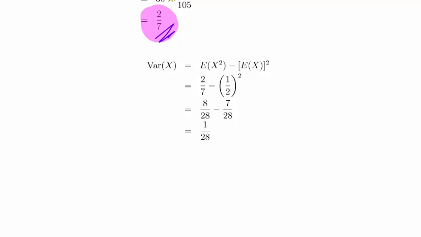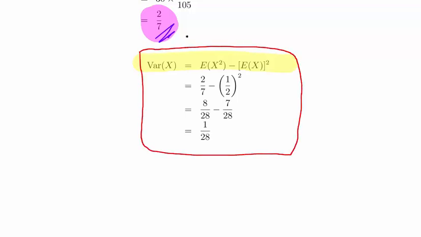This is a very important formula that you should be familiar with, how to calculate the variance of x. This is why we did that intermediate step to calculate the expected value of x squared, because we needed to calculate the variance. So the variance is the expected value of x squared minus the expected value of x, all squared.